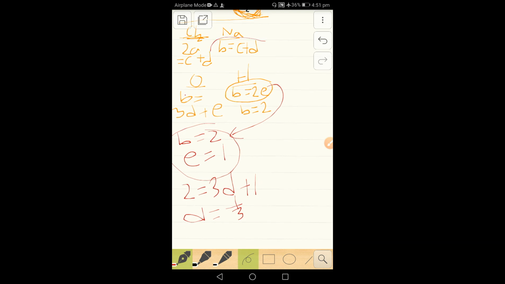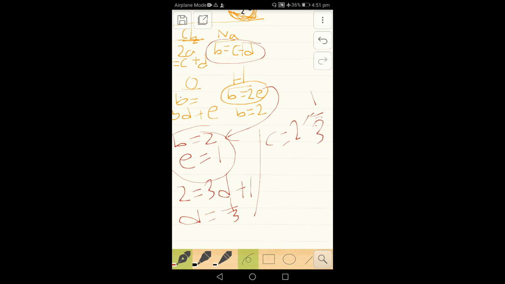So from this equation we can find C. C is equal to B minus D, that means 2 minus 1 by 3, which will be equal to 5 by 3. Okay, so we have got C.